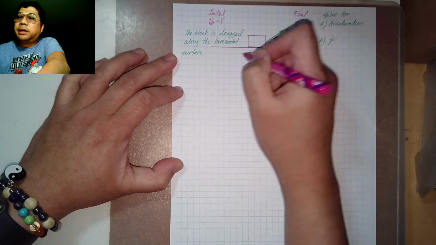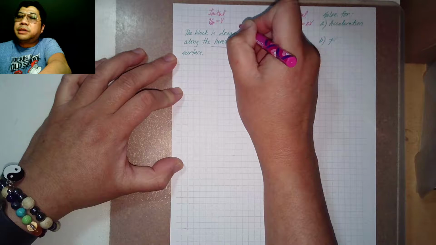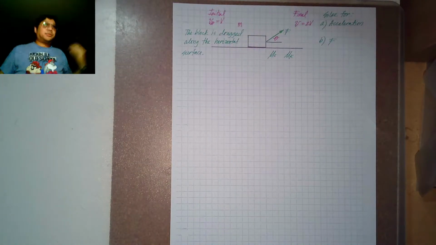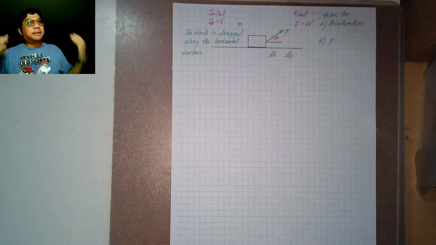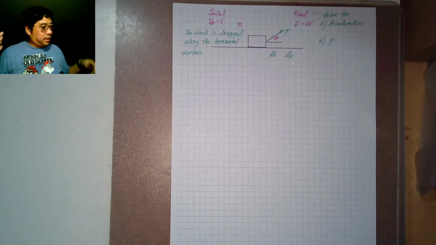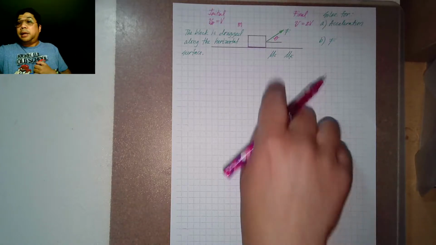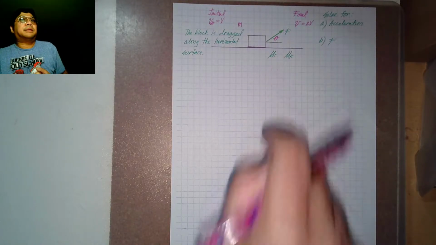Another piece of information that we should know is that the block does have mass. A matter is anything that has mass and occupies space. Now we all know that there is motion.